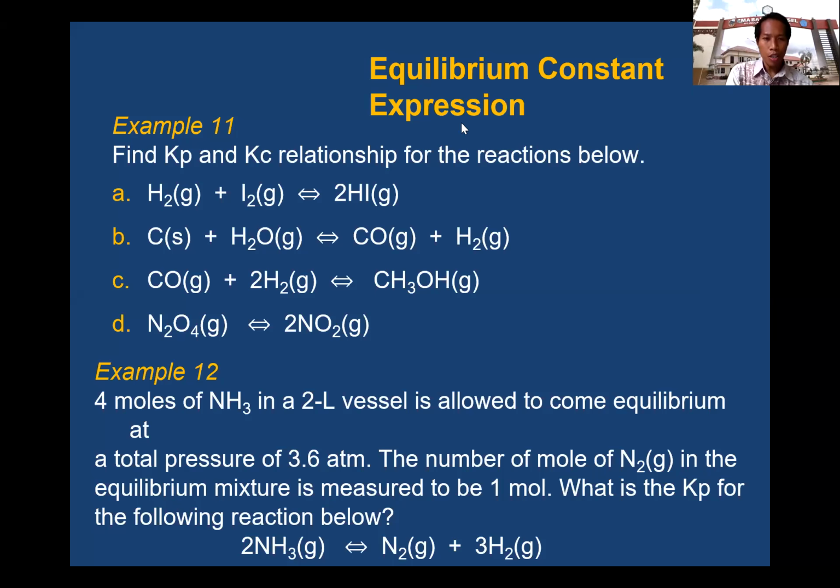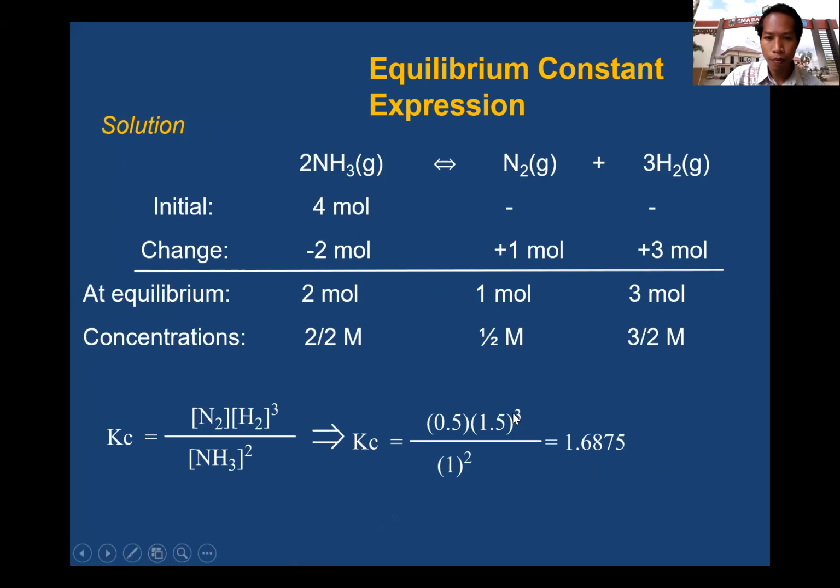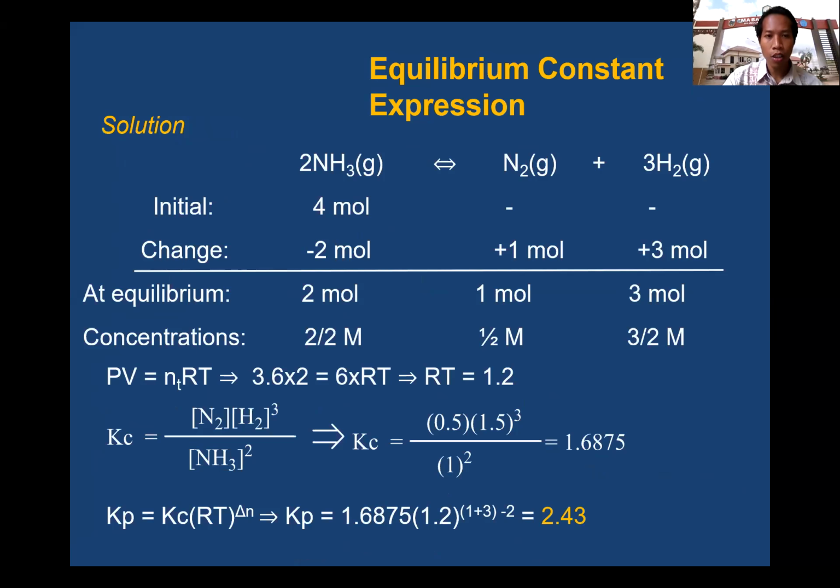Okay, the question is 4 mole NH3 is given, total pressure at equilibrium is given, and the number of mole of N2 is given. The question is Kp. So we are going to write the matrix, the same thing. Yeah, here is the solution. You're going to write the matrix initial, change, equilibrium by using the mole.